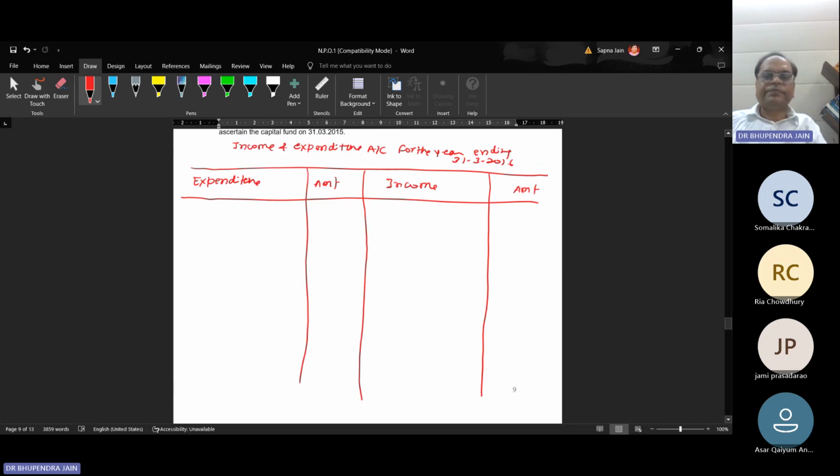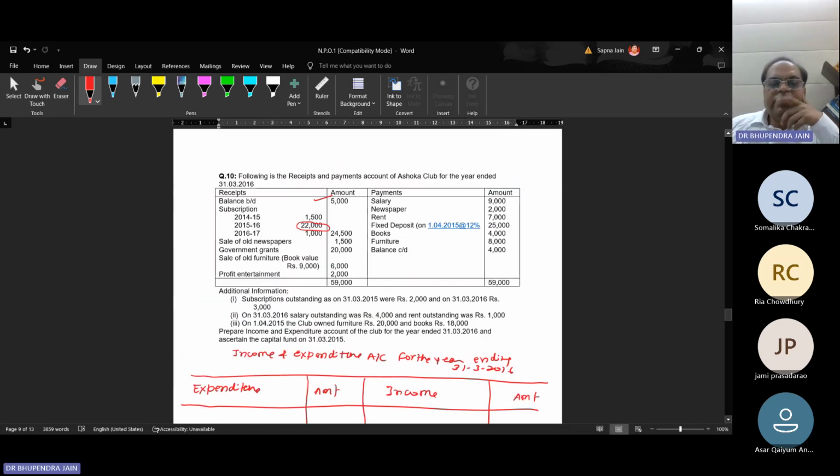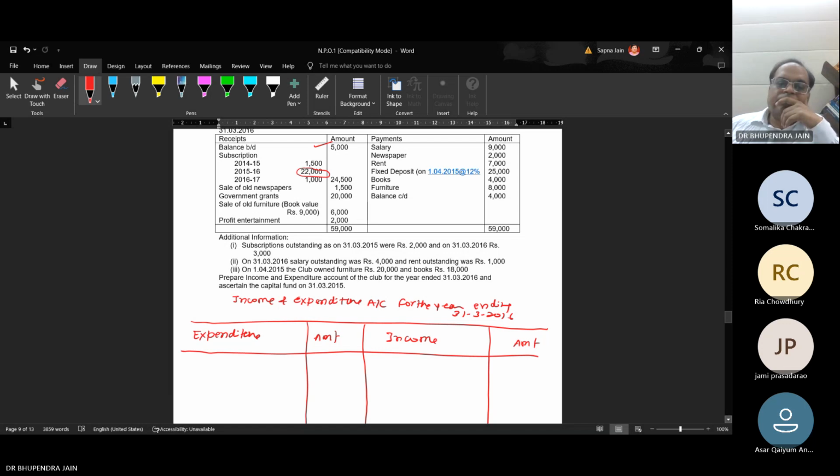Check it. Subscription received during the year 15-16, because we are going to prepare the financial statement of only the financial year 15-16. How much? 22,000. By subscription receipts 22,000.